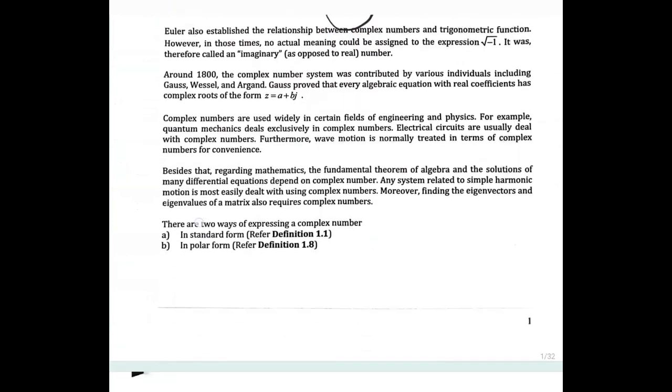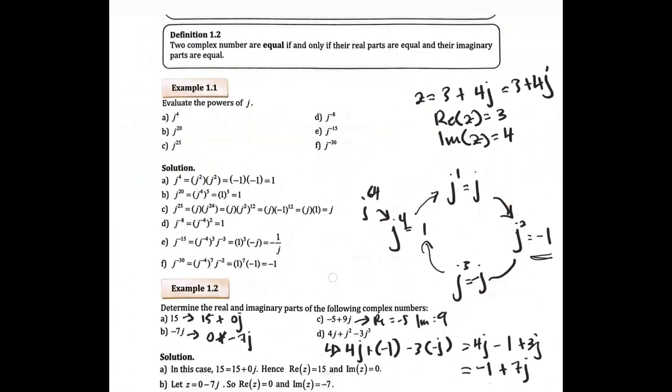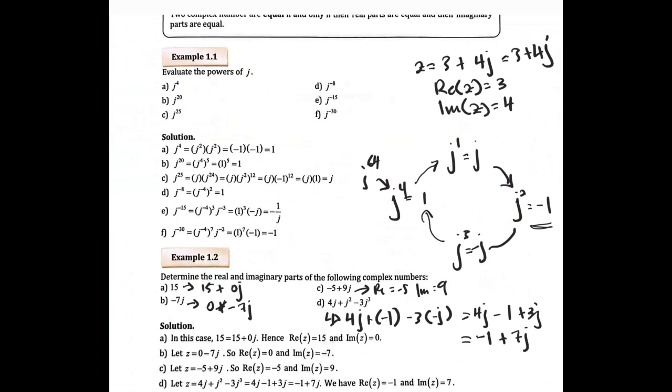Every complex number has two parts, a real part and an imaginary part, written as z equals a plus bj. For higher powers of j, just divide the power by 4. Remember this cycle and check the remainder, and that will give us the answer easily, no matter how big the power is.